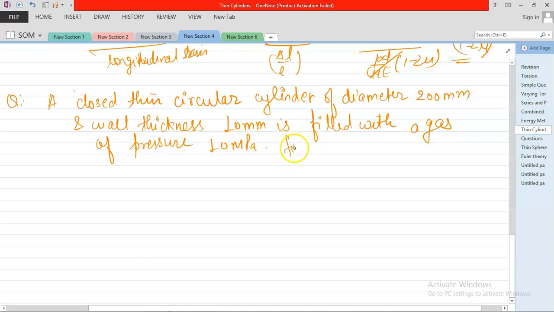The question is to find the maximum shear stress developed in the wall. So I am giving you 1 minute time. Please think about it.